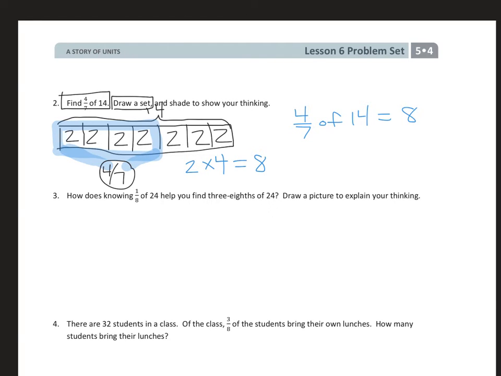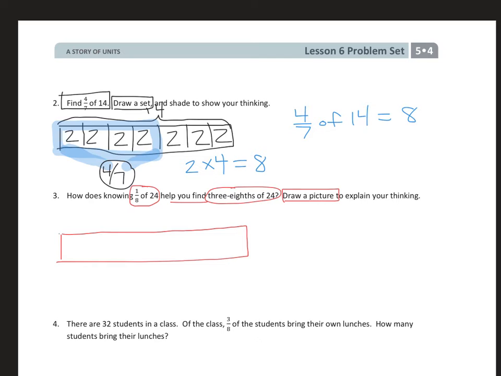Number 3, they want us to show how knowing 1/8 of 24 helps you find what 3/8 of 24 is. They want us to draw a picture to explain our thinking. So let's go back to that tape diagram we did in the previous problem. Let's draw it.